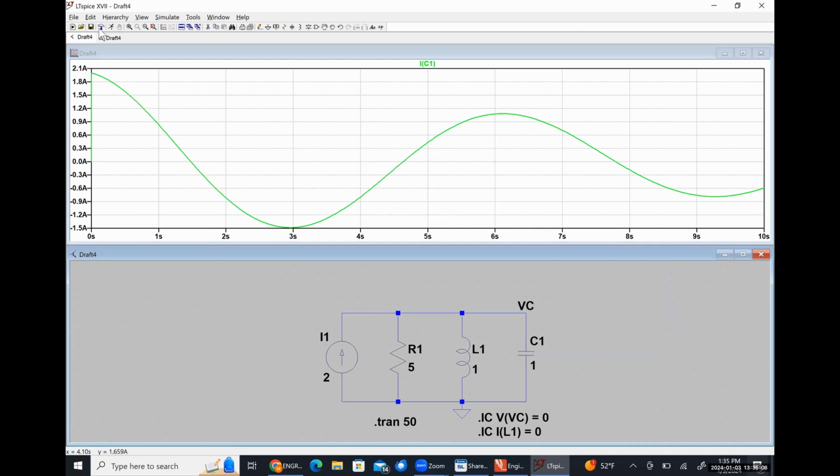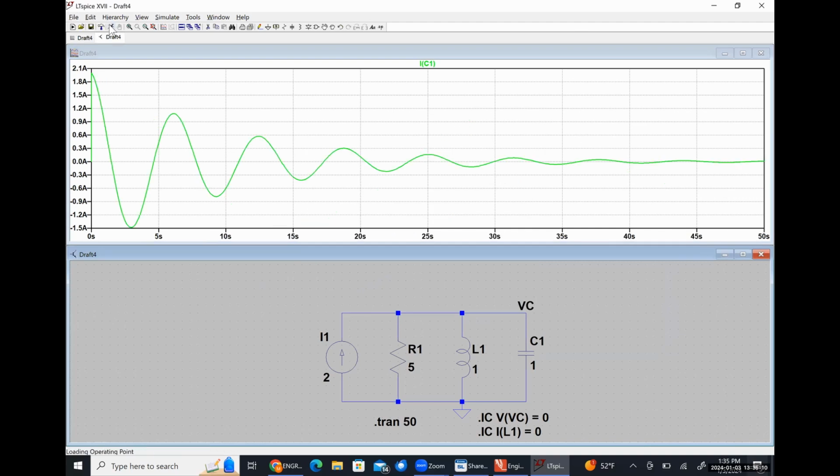That might be too much. It's actually not quite long enough, but it's good enough for us. It's definitely starting to settle to 0. Okay. For L1.